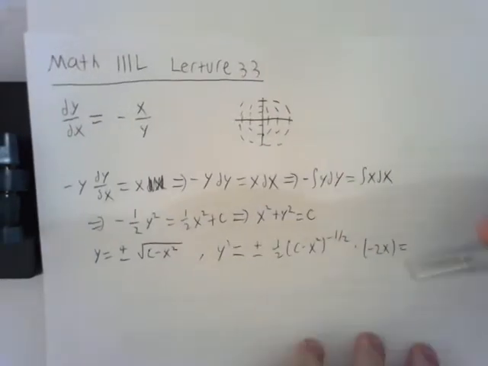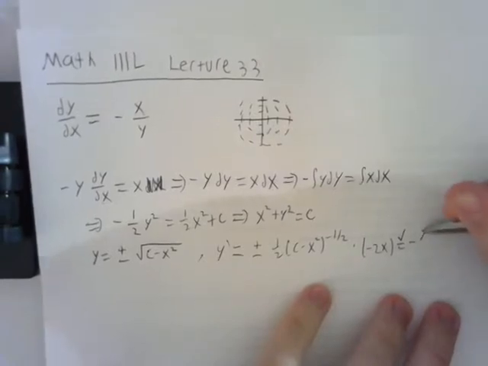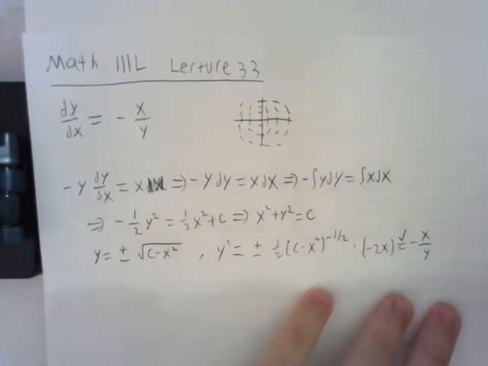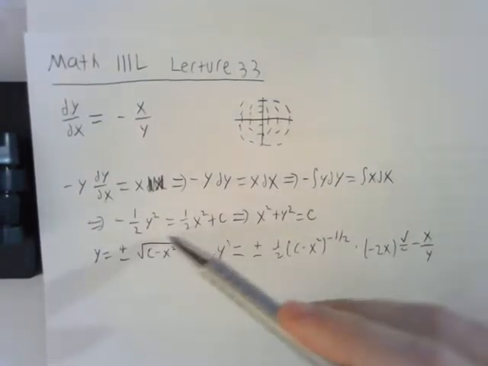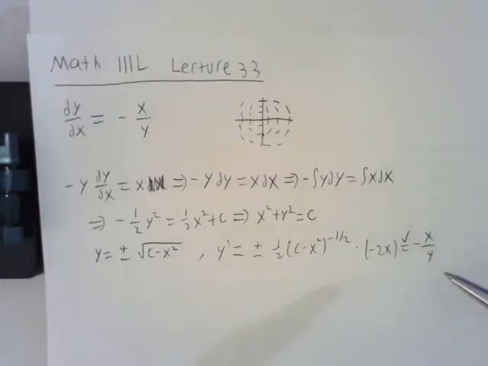If you rearrange this and simplify a bit, it turns out this is indeed negative x over y. So even though we arrived at this through a calculation which we haven't justified yet, we can check that the answer we arrived at is indeed correct.